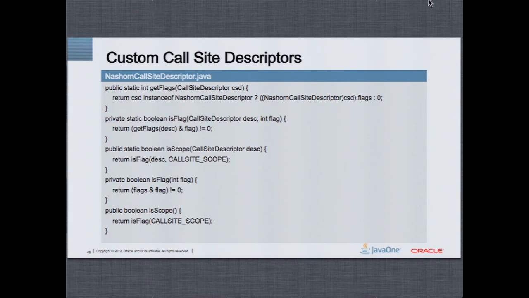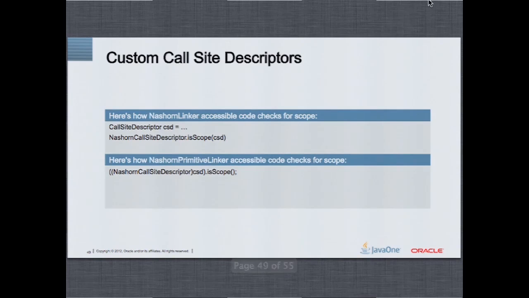And so this is the graceful fallback. So if you are faced with a foreign one, you will always just go back. And this is how Nashorn linker's accessible code checks for scope. It uses the static helper. Code that's only accessible from Nashorn primitive linker doesn't do any of that. It just blindly casts because it's an assertion that it should be able to do so.